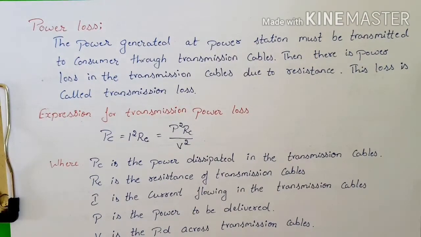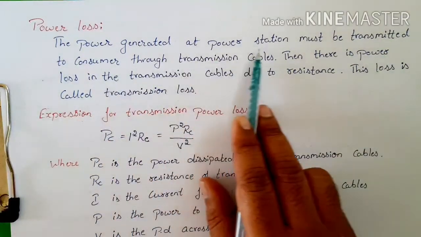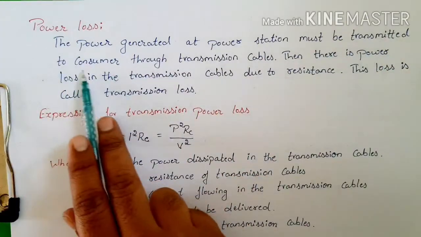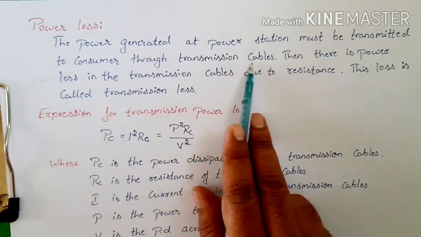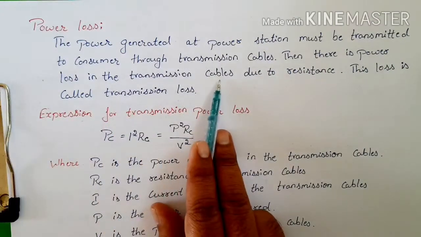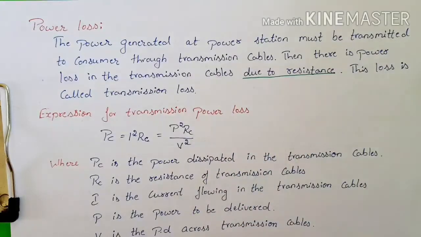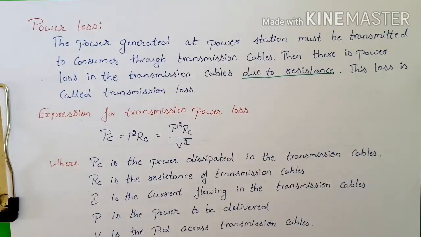Some electrical energy will be converted into heat, correct? The power generated at the power station must be transmitted to the consumer through transmission cables. Then there is a power loss in the transmission cables due to the resistance. Very important: because of the resistance in the transmission cables, it produces heat. Some part of the energy will escape as heat.